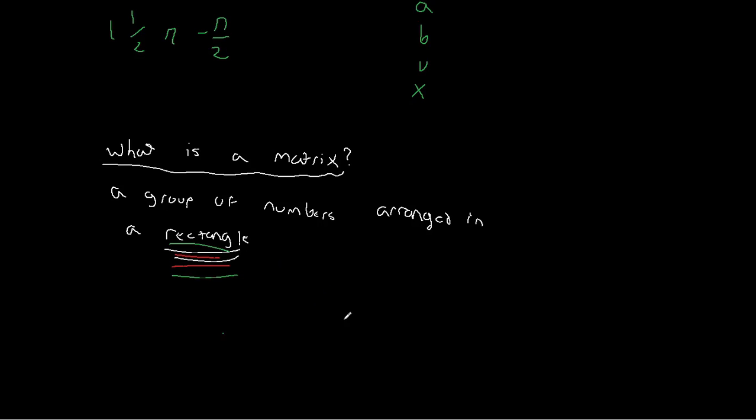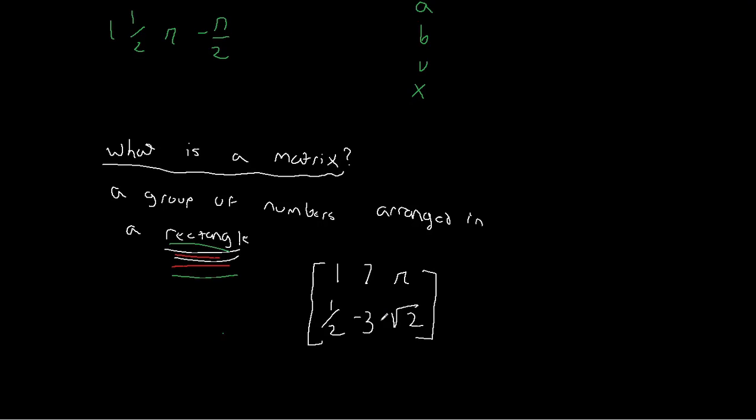Well, let's say we have 6 numbers. I'm going to just make them up at random. Let's say we have 1, 7, pi, 1/2, -3, and square root of 2. Right? So you'll see here that I've arranged them in a rectangle. I'm going to arrange them with these giant brackets around the outside.